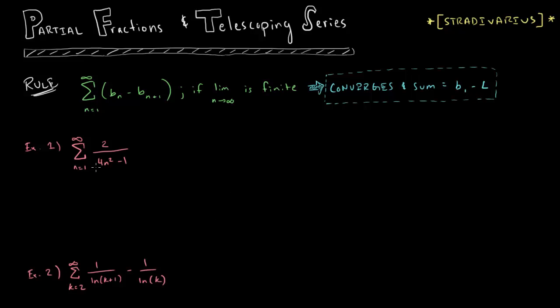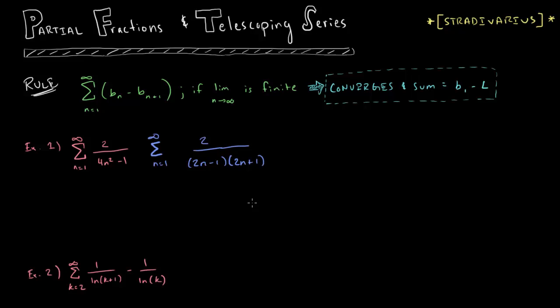So the first example we're looking at is the sum from n equals 1 to infinity of 2 over 4n squared minus 1. I'm going to rewrite that as the sum from n equals 1 to infinity of 2 over (2n minus 1)(2n plus 1).